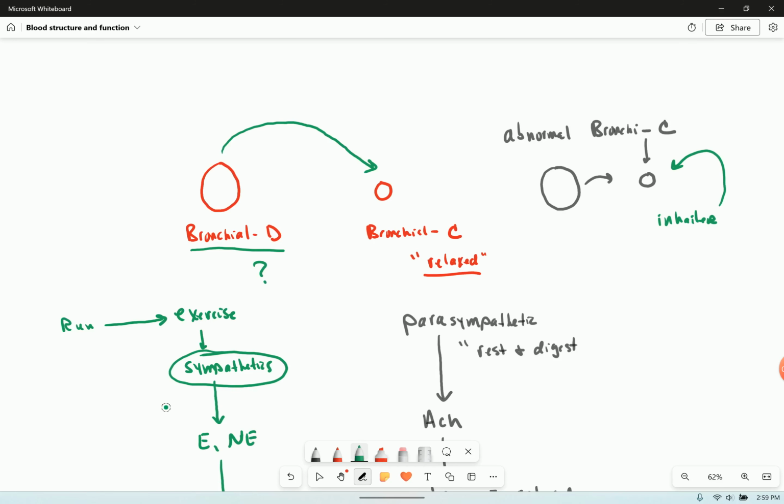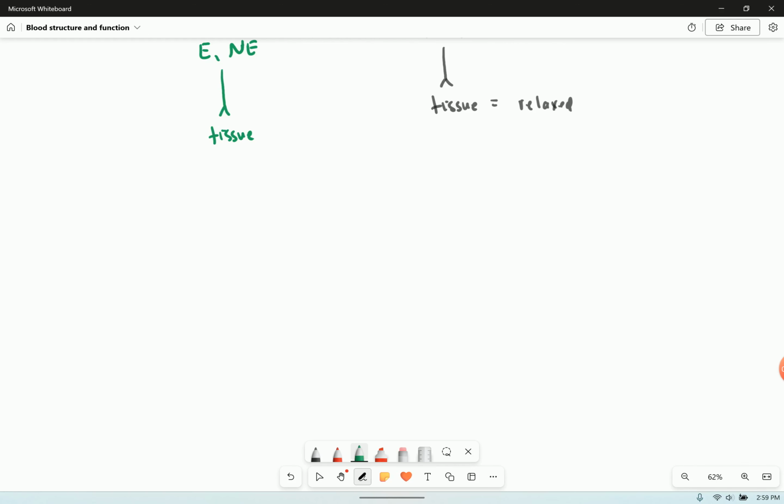It's actually called sympathomimetic, like albuterol. When a sympathetic medication binds to the receptors, it's going to allow for bronchial dilation. Okay, so let's talk about that for a second.